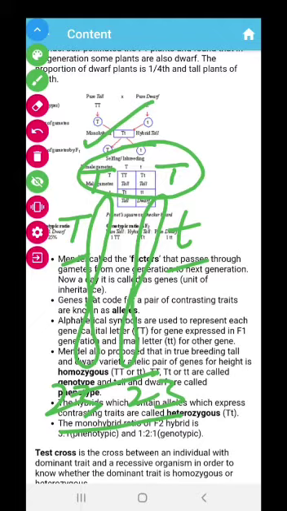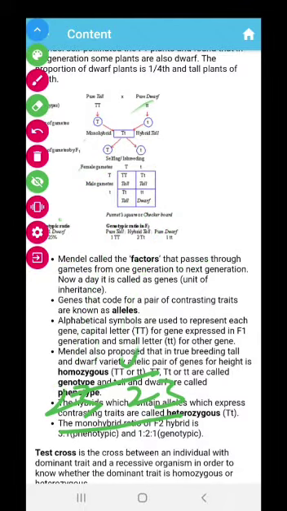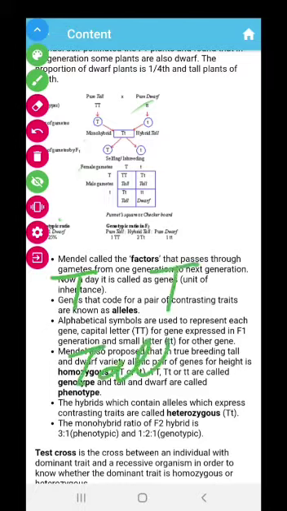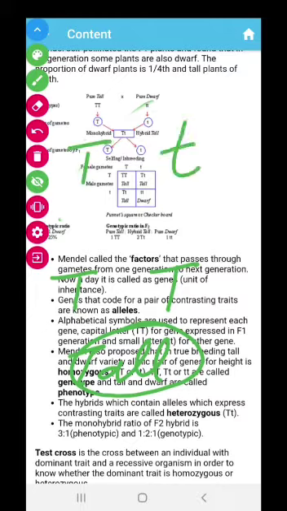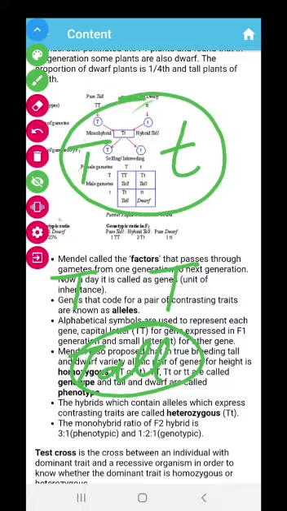Now, when an individual carries capital T on both the 23 chromosomes, then he is known as tall. And when it carries one capital T on one chromosome and a small t on the other 23 chromosome, its characteristic is again tall.